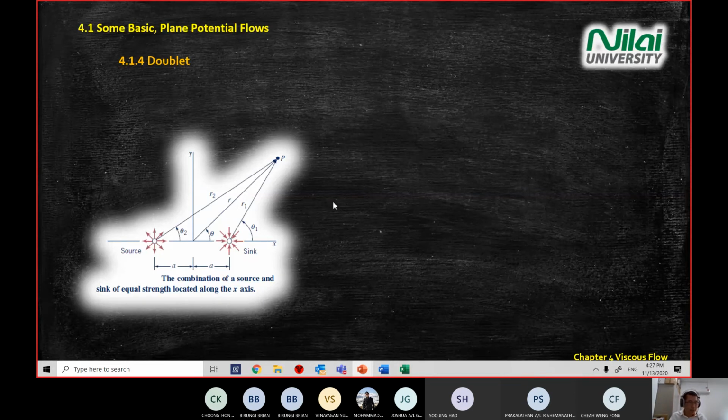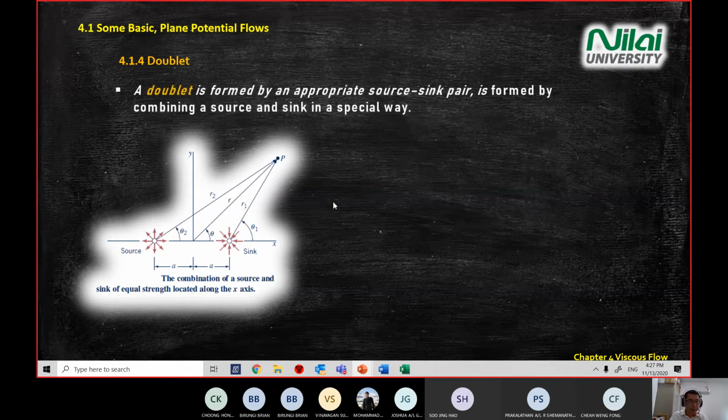Now on the diagram you will see there are two sources or sinks. If we have a pair of source and sink, then the phenomenon is called a doublet.